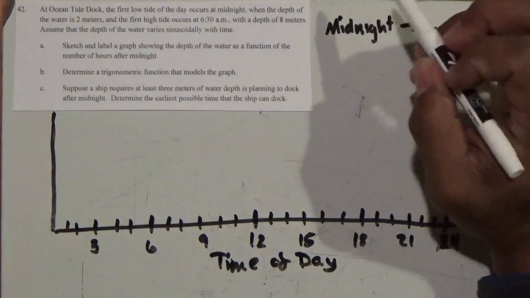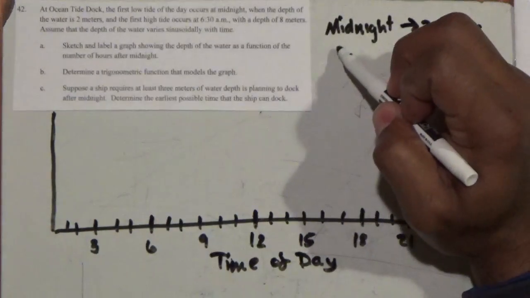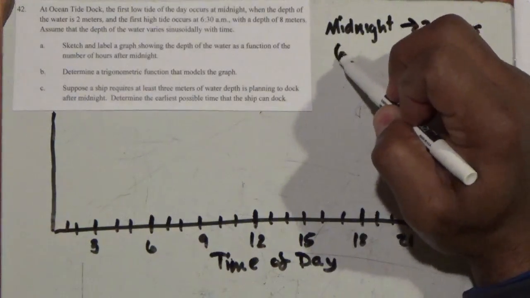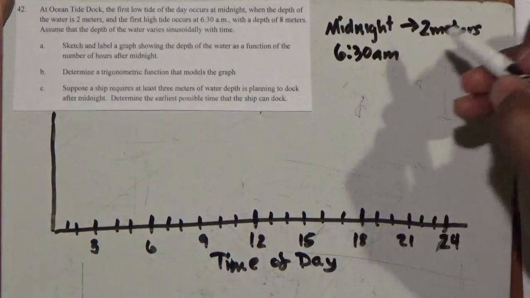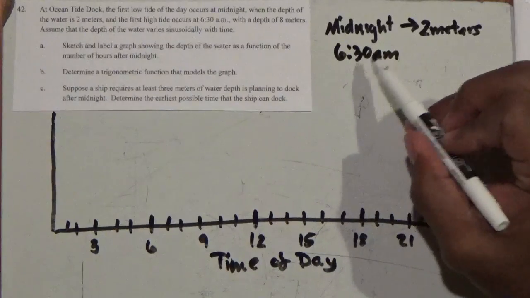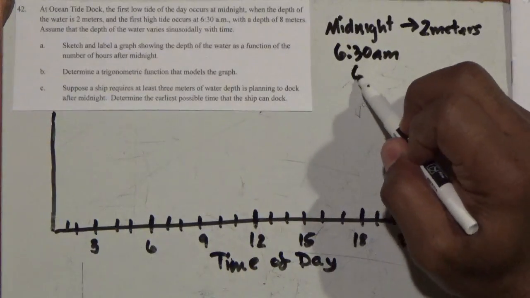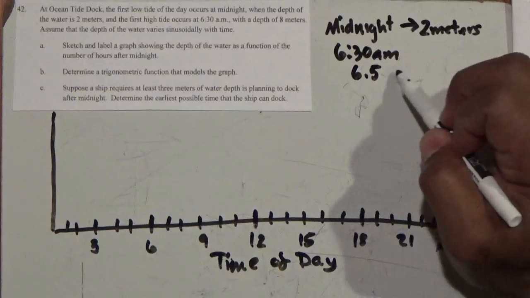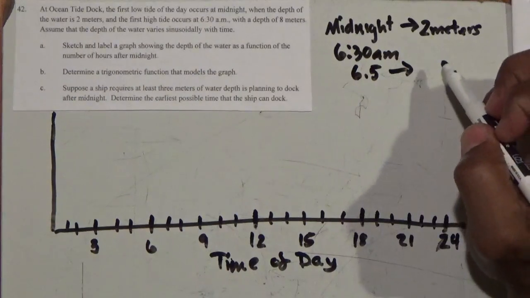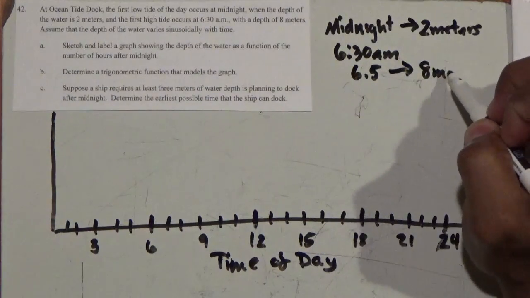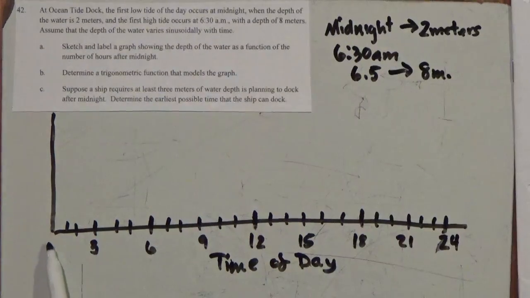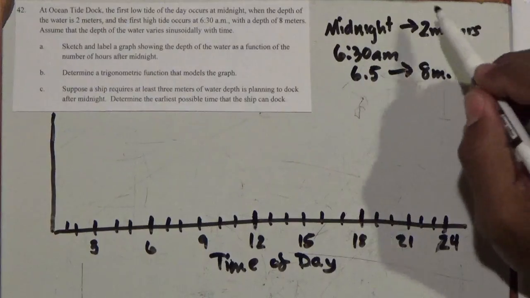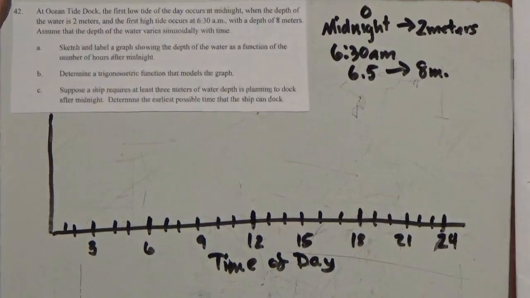At 6:30 a.m. the first high tide happens. We need to change 6:30 to a decimal value. We divide our minutes by 60, and so that becomes 6.5. The depth is 8 meters at that point. Midnight, the beginning of that day, is 0.